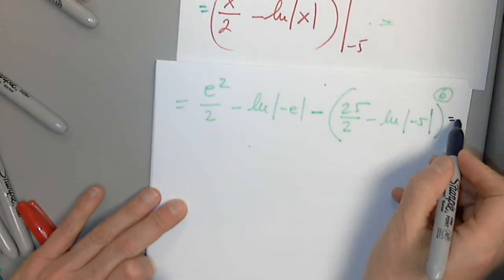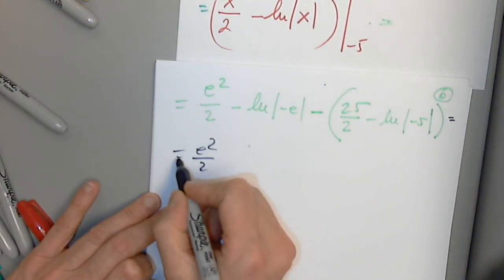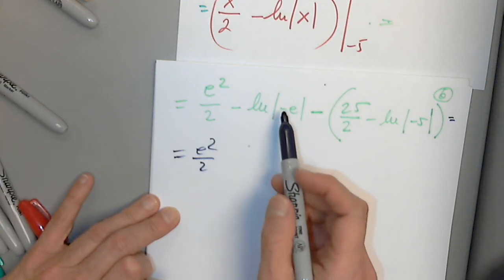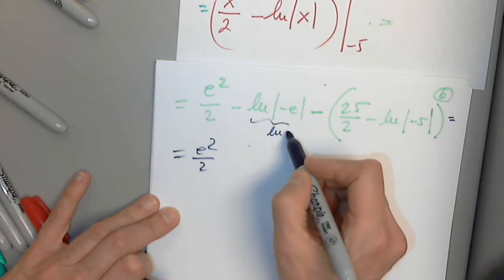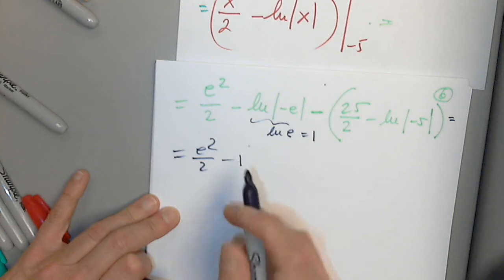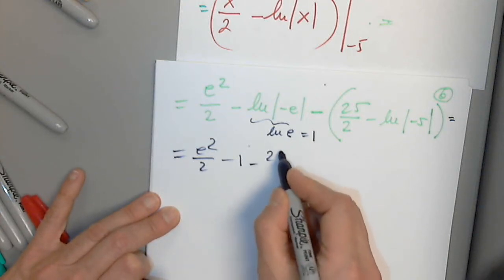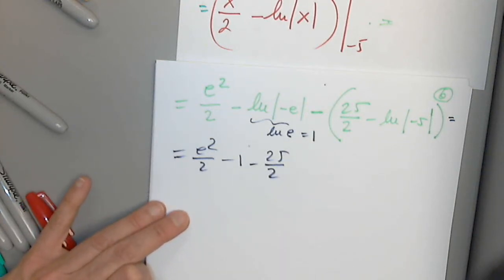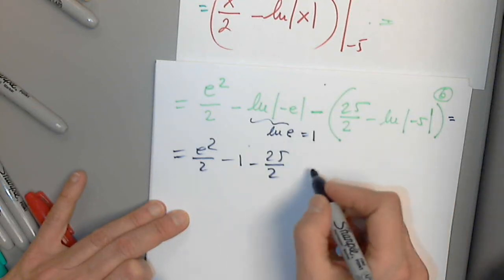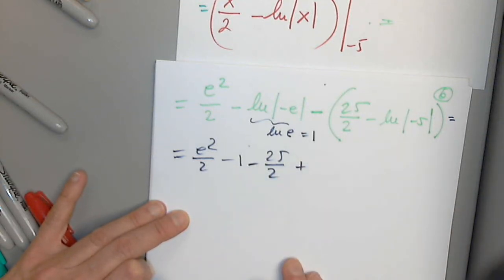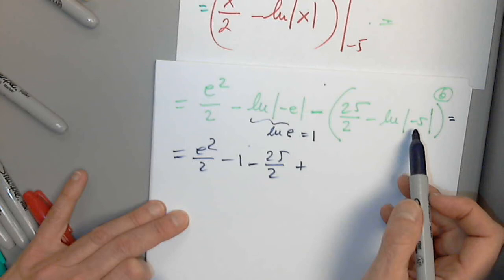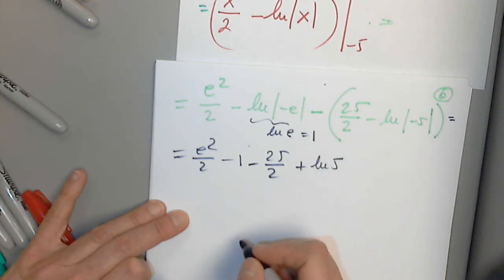So now we have e squared over 2. This is natural log e, which is 1, so minus 1, minus 25 halves. Then I have to distribute, and it changes to plus. And the absolute value of negative 5 is 5, so this is natural log 5.